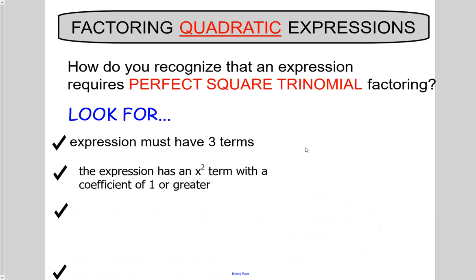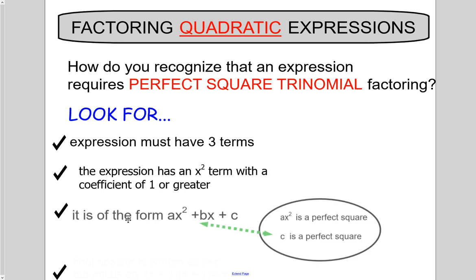The expression has an x squared term with a coefficient of 1 or greater. And it's in this form, ax squared plus bx plus c, where c is just our constant at the end. And ax squared is a perfect square and c is a perfect square.